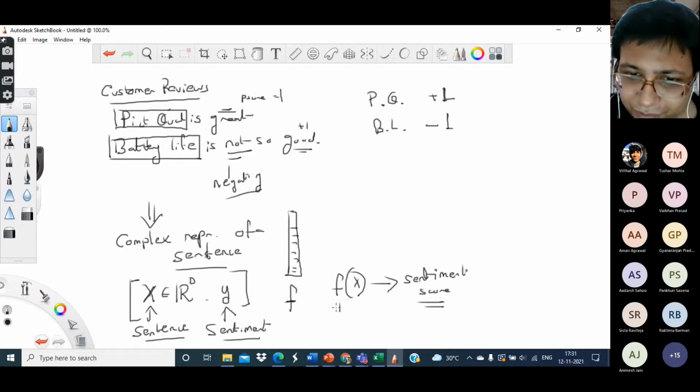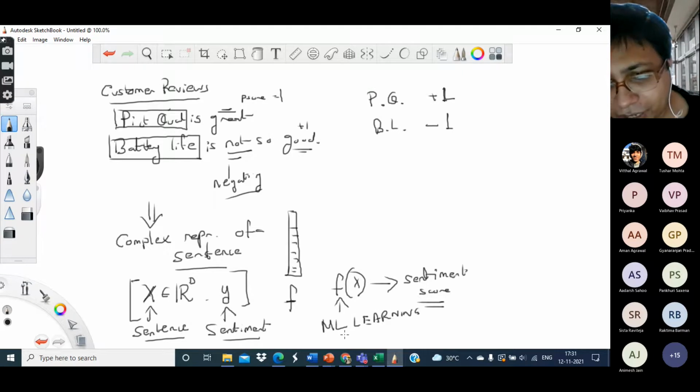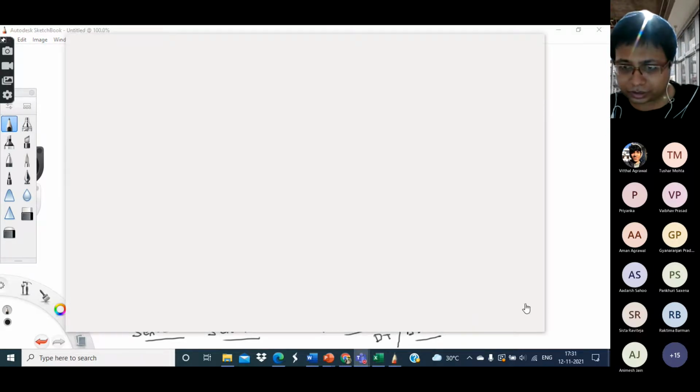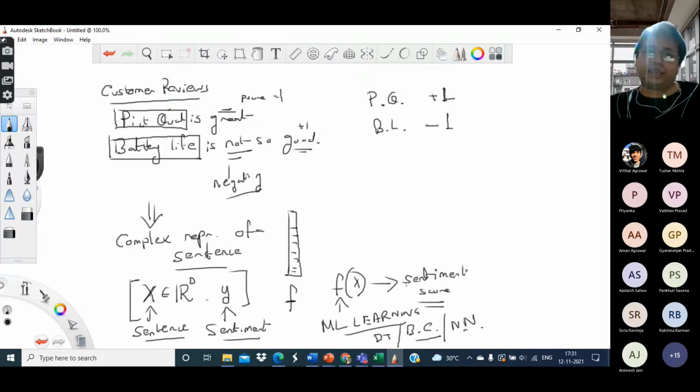So what is this function f? It is basically some machine learning algorithm, right? We have already discussed some machine learning algorithms earlier, for example decision trees, or maybe Bayes classifier, and of course we had also discussed neural networks. What any machine learning algorithm does is it takes a feature vector from the feature space and maps it to the label space.